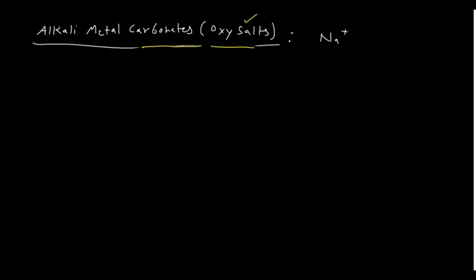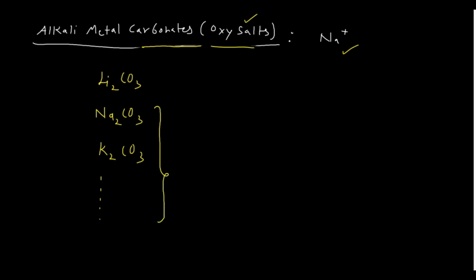The alkali metal is electropositive, it can form Na+, and it can react with carbonate to form compounds like Li2CO3, Na2CO3, K2CO3, etc. These are the carbonates, the oxysalts. You may think of the bicarbonates as well. Please remember, these oxysalts are very stable.